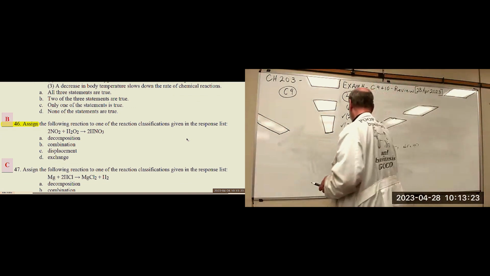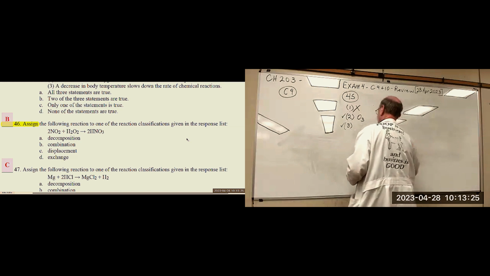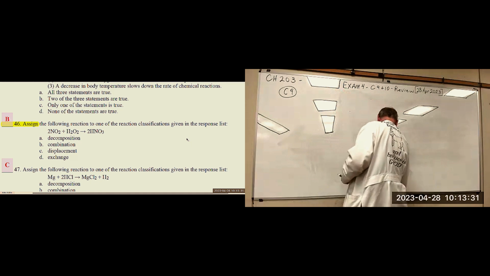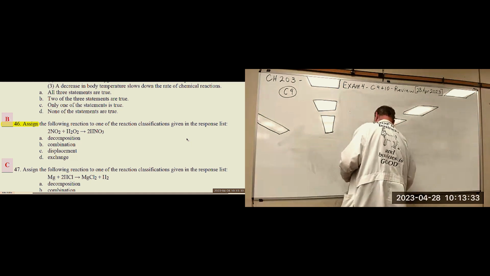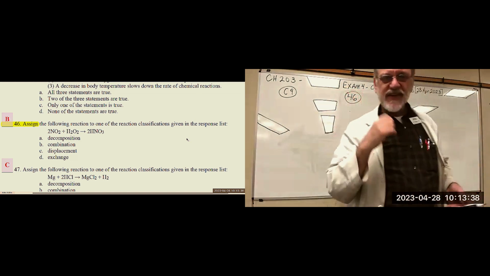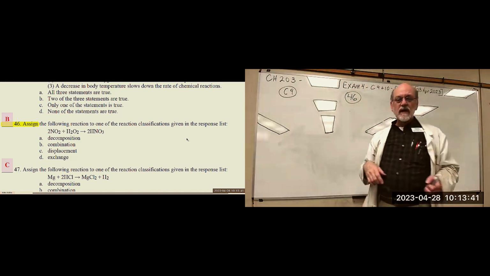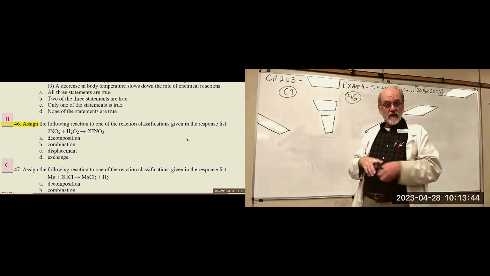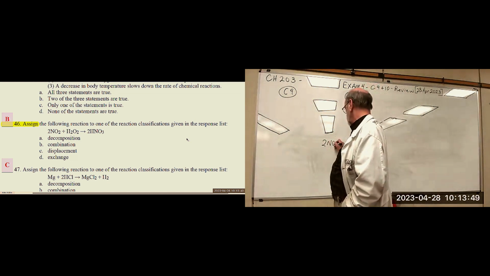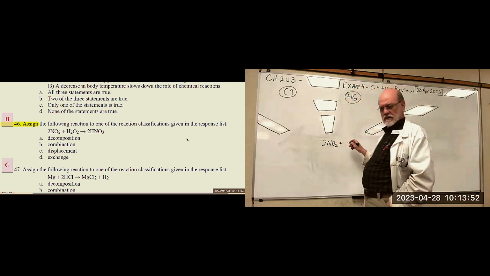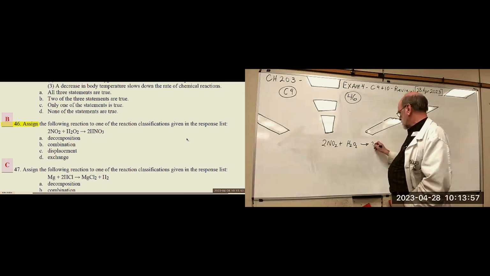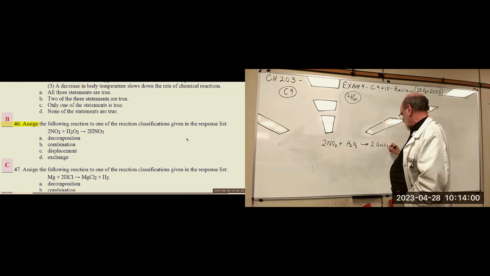46. Assign the following reaction to one of the reaction classifications given in the response list. Okay. 2NO2 plus H2O2 yields 2HNO3.